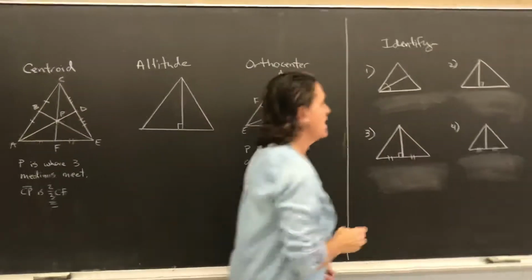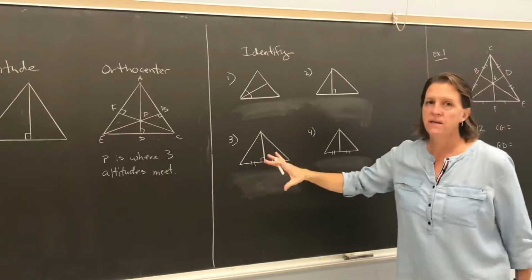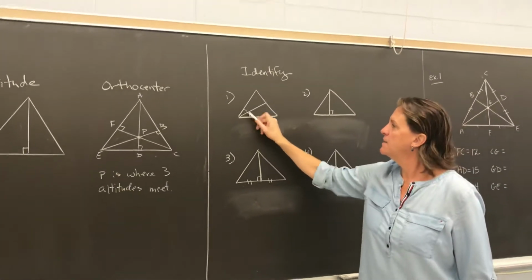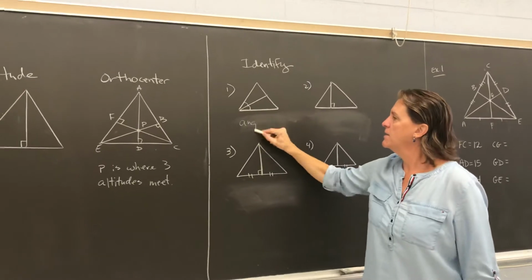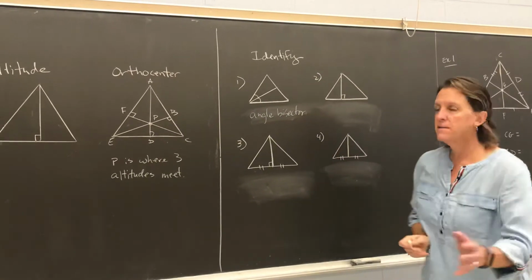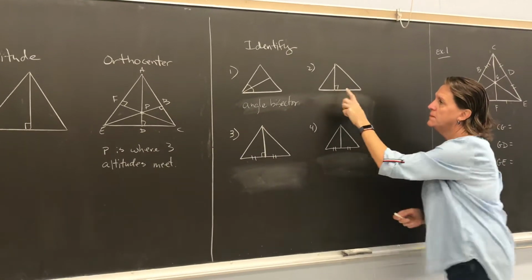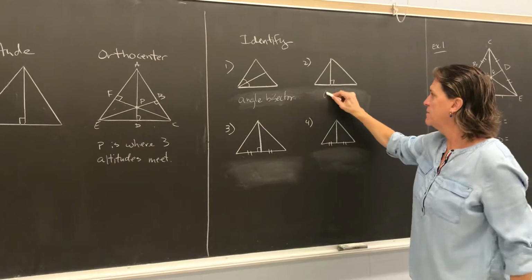Okay, so now, based on yesterday and today, let's identify what each one is. If it just cuts an angle in half, it's called an angle bisector. So you have to look at the markings. This only has a right angle, comes from the top, so that is called an altitude.